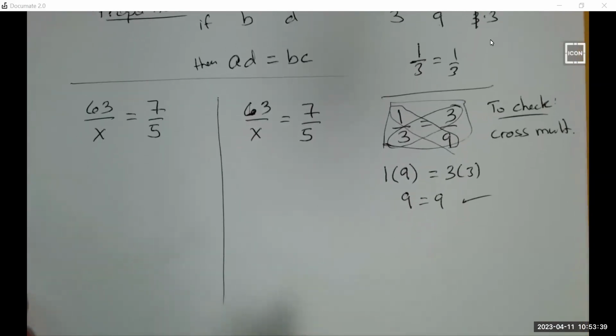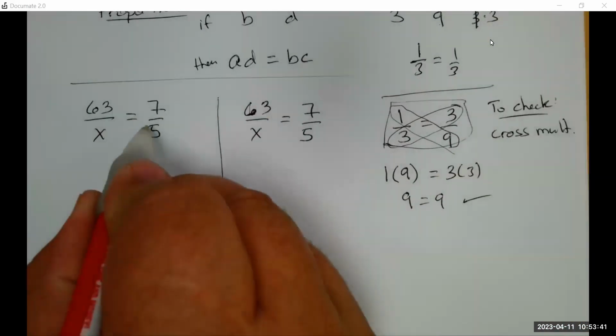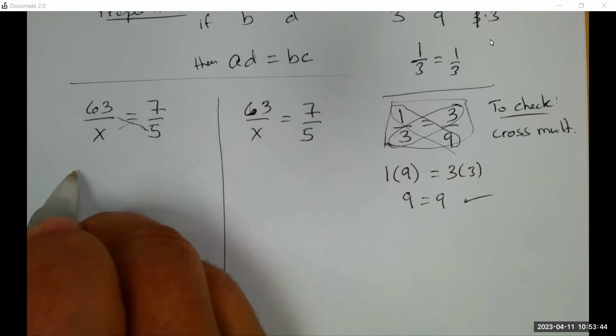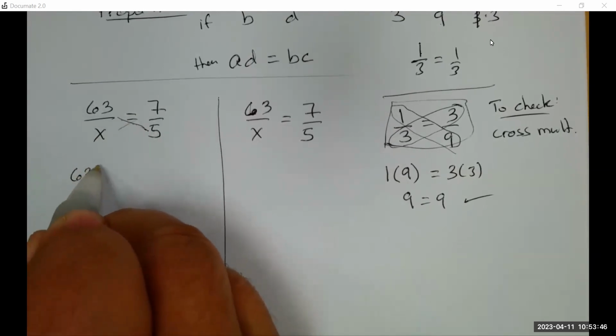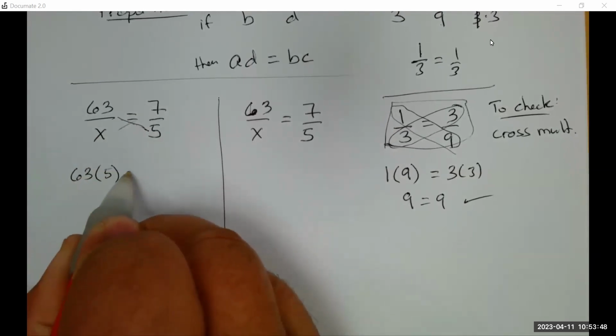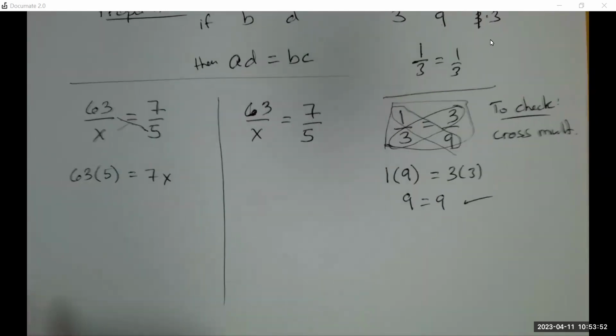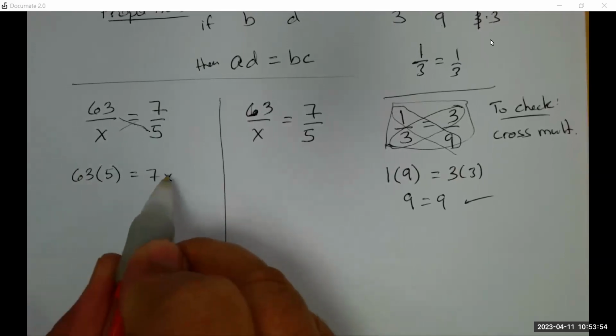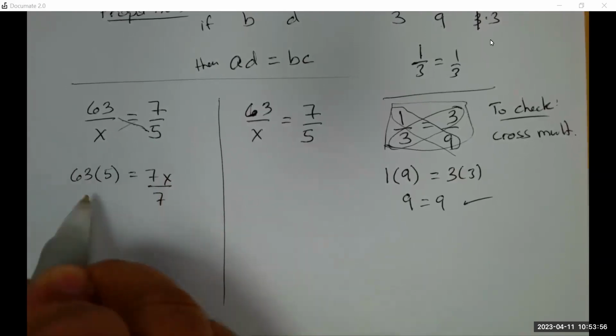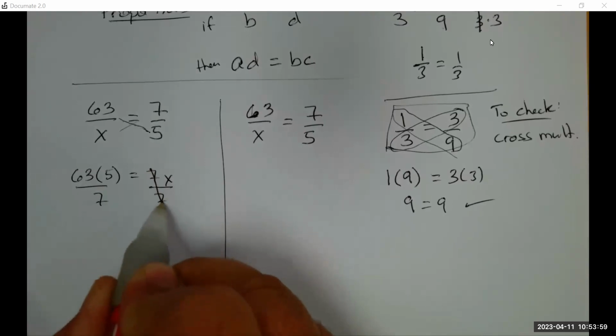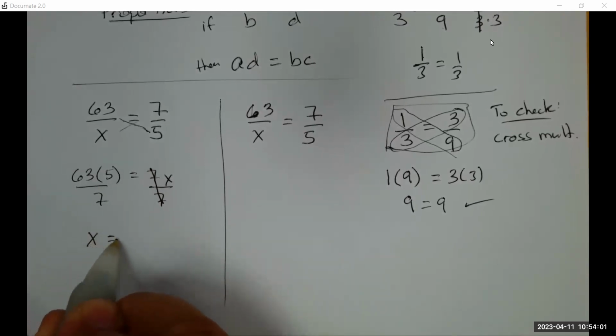Okay. So let's look at the first one we just talked about. So if we cross multiply, 63 times 5 equals 7 times X. Don't multiply these because you're solving for X. So let's divide both sides by 7. Let's get X by itself.